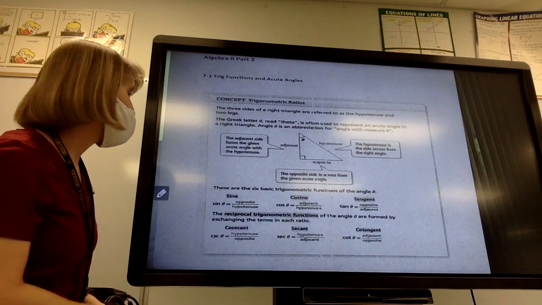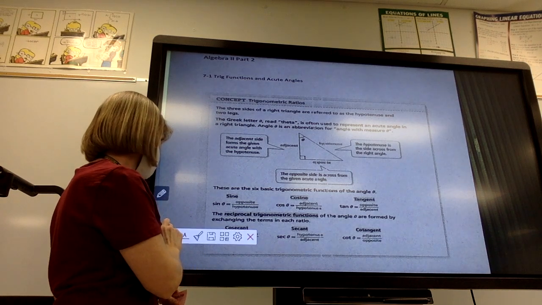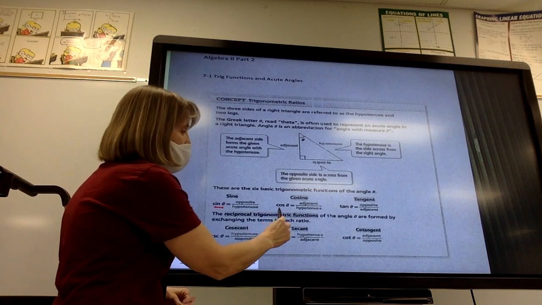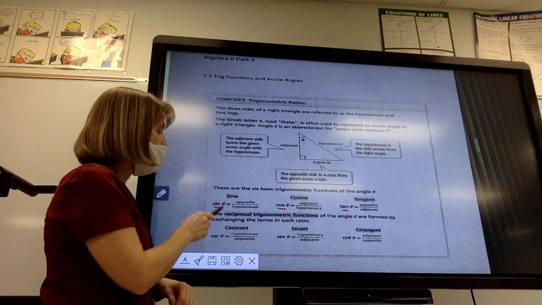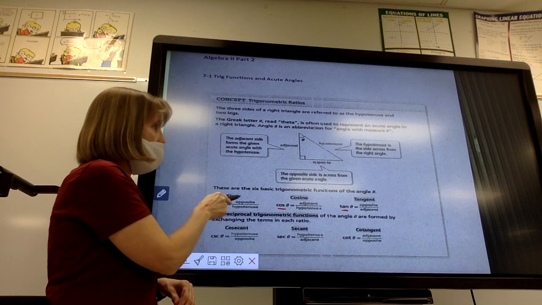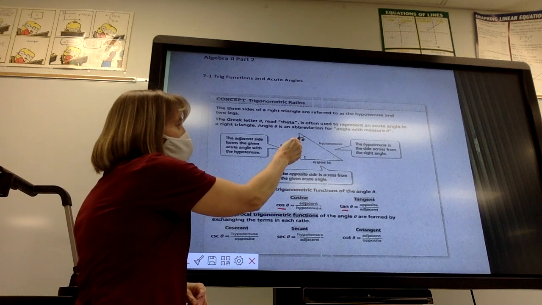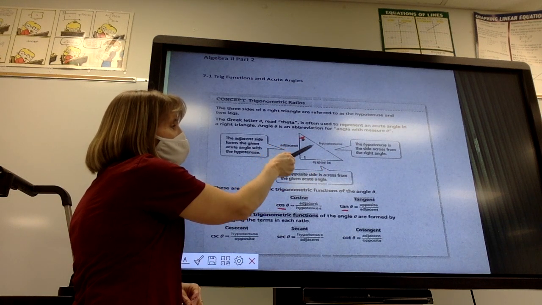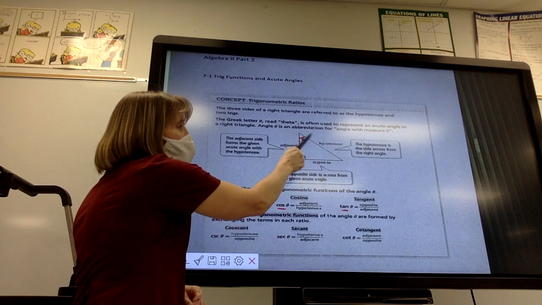Okay, so you have already become familiar with sine, cosine, and tangent in your geometry course, whichever one you took. Just as a review, sine is a ratio of the opposite leg divided by the hypotenuse. So if I were using this angle up here and I wanted to set up my sine ratio, I would be using the opposite leg length divided by the hypotenuse length.